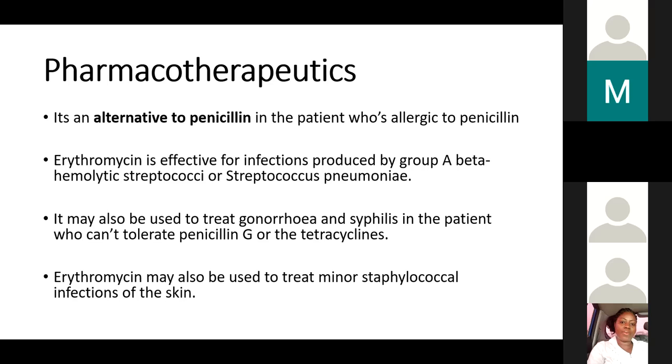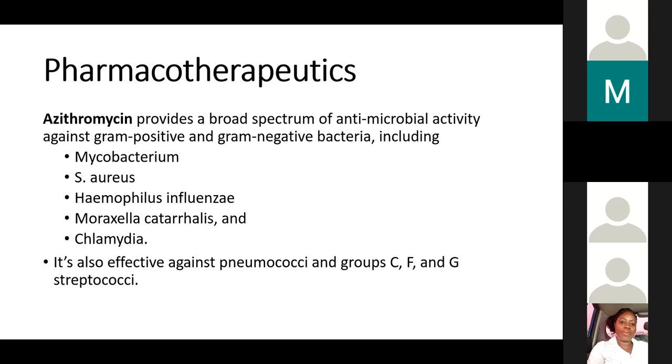So a lot of gram-positive infections with group A beta hemolytic streptococci, strep pneumonia, minor staphylococcal infections. And then also to treat syphilis in patients who can't tolerate penicillin G, either because of their sensitivity or maybe they have an adverse reaction to penicillin. You can substitute that with erythromycin.